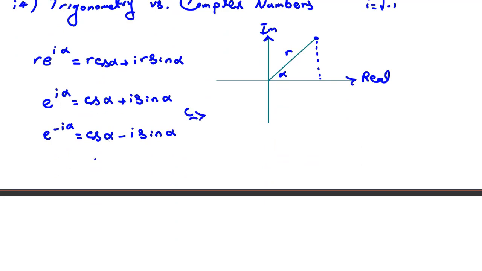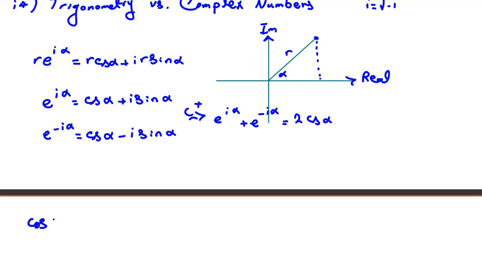If I want to find cosine alpha in terms of e to the power of something, try to see, can you find any relationship between them? Okay, so if I add these two equations, e to the I alpha plus e to the negative I alpha equals 2 cosine alpha.